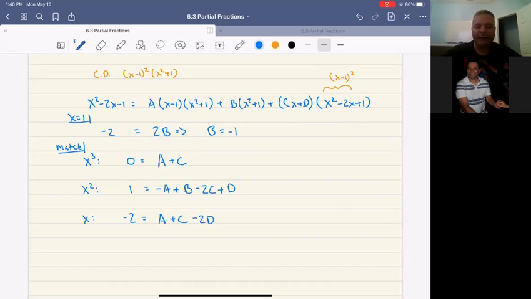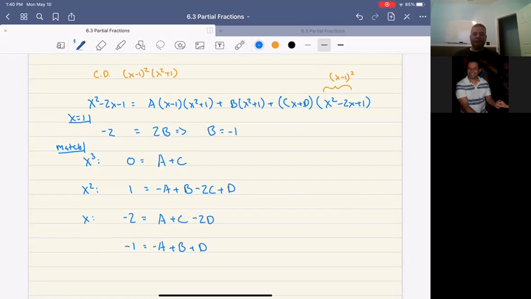Okay, and then finally, constants. -1 here on this side. And on the right-hand side, -a plus b, and then plus d.